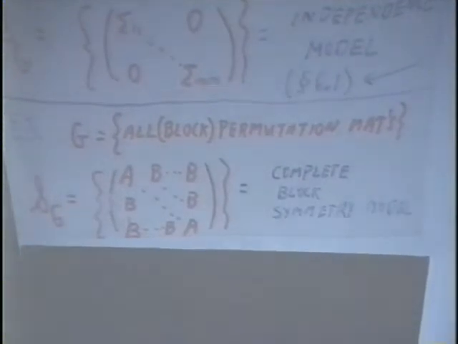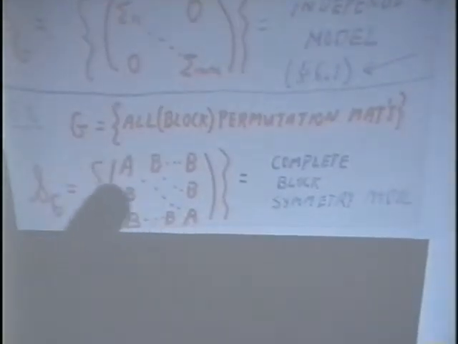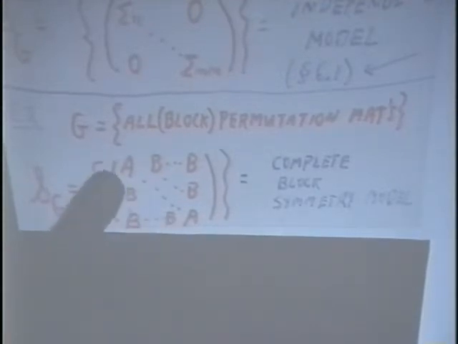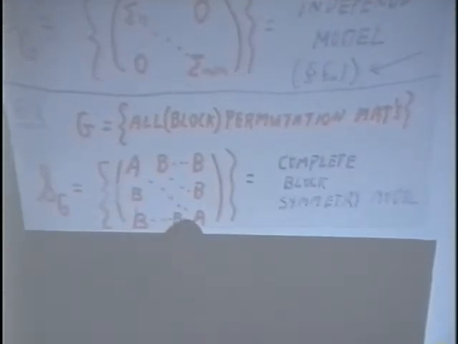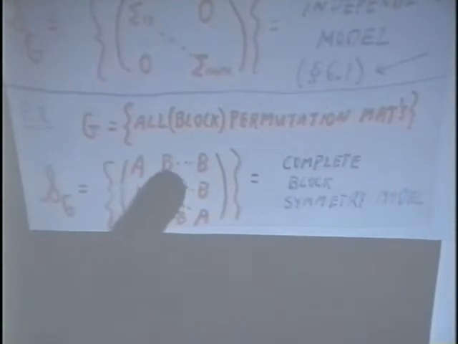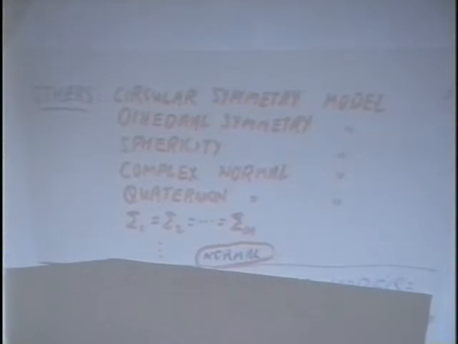The complete symmetry model, a generalization of the interclass model, is a special case where we have the same matrix A in the diagonal blocks and the same B in the off-diagonal blocks. That's complete block symmetry. Just to mention others, circular symmetry models, dihedral symmetry models, which we're not familiar with.